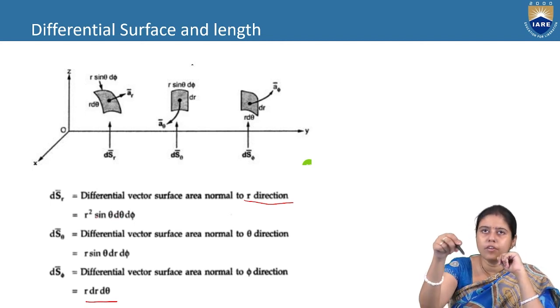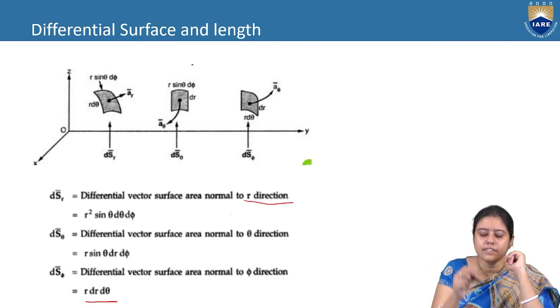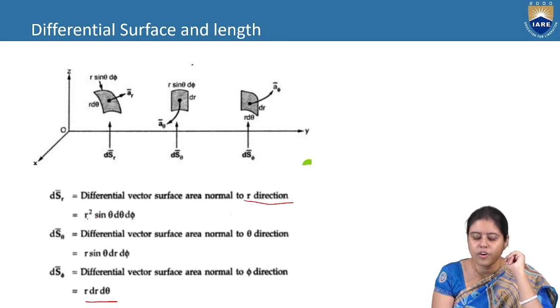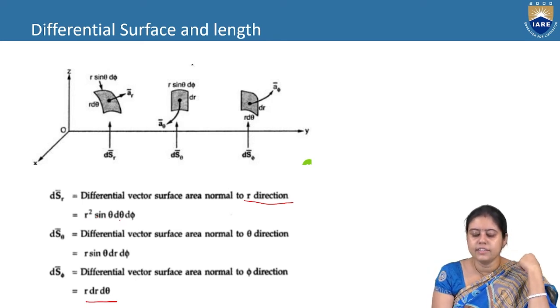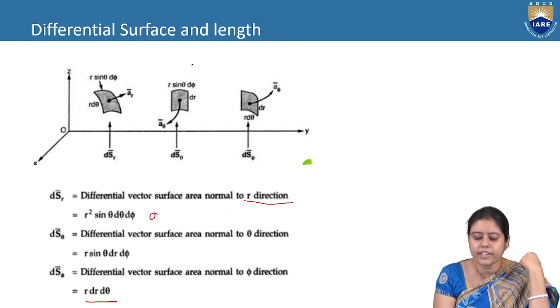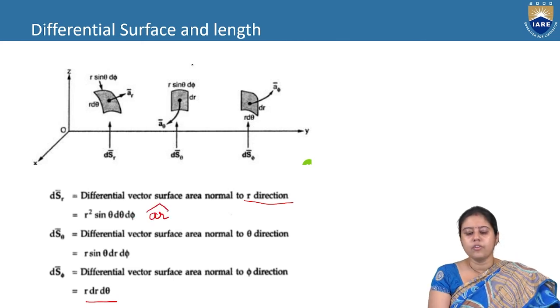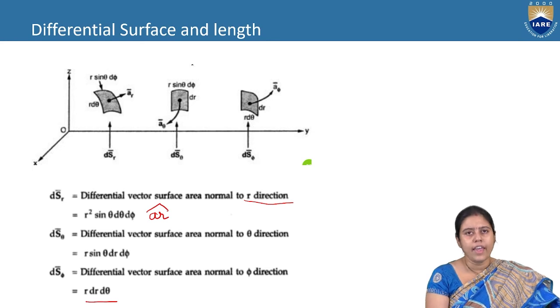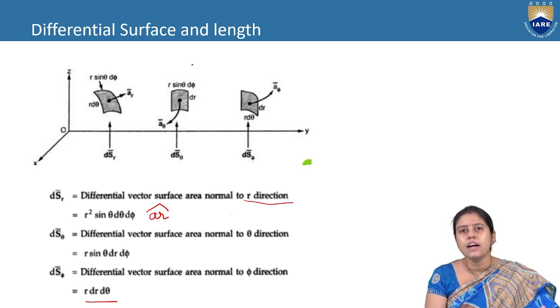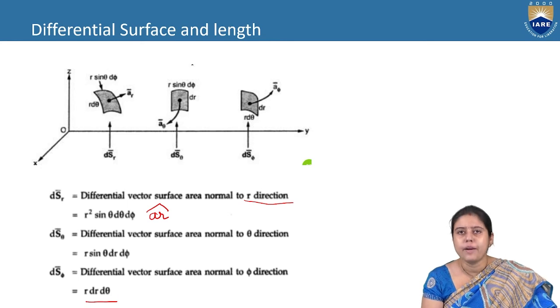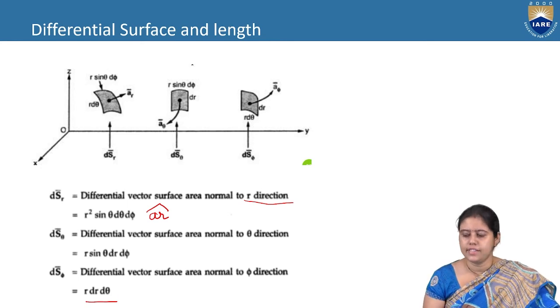And what is the value along the angle? r sin theta d phi. So it is coming r square sin theta d theta d phi. And what will be the direction? The direction will be along the r axis. As I told, the direction is basically perpendicular to the surface.